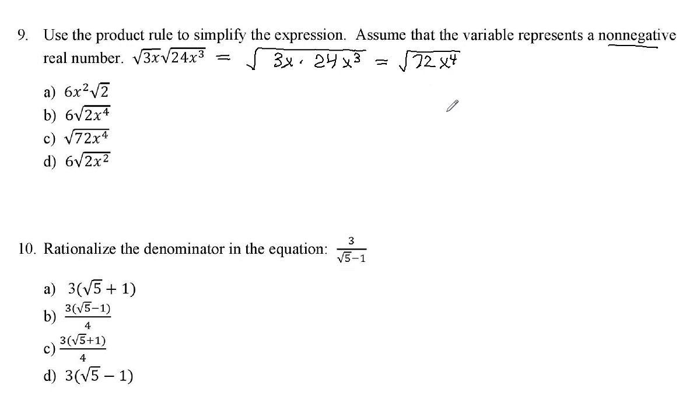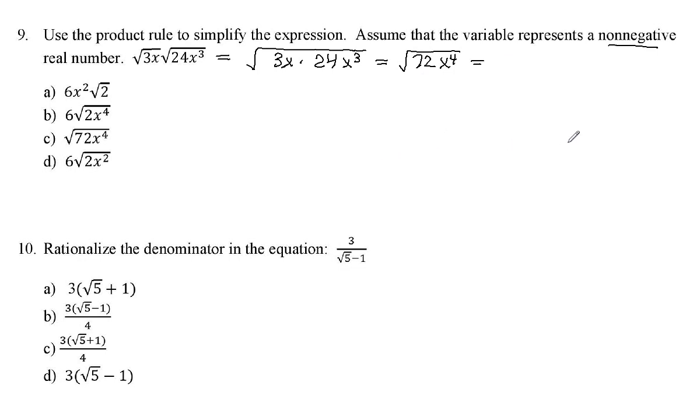Okay, and that is one of our answers, but that's not simplified, because we've got some perfect squares in here that we need to take out. So remember, what you want to do is break this apart into all the perfect squares that you can. So the biggest perfect square that goes into 72, 72 is actually 36 times 2. I mean, it's 8 times 9, but then 9 is a perfect square, but 8 is 2 times 4, and 4 is a perfect square. So we want 36, the biggest square that goes in there.